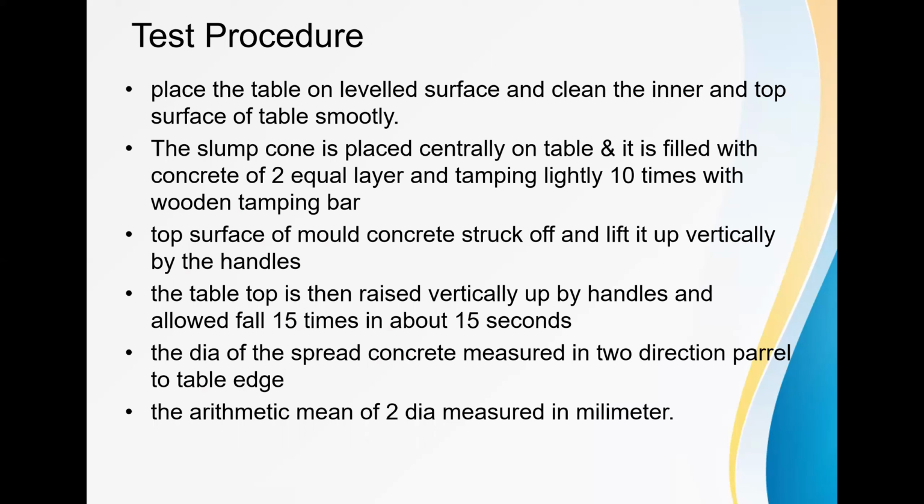The slump cone has to be placed centrally on the table and filled with concrete in 2 equal layers, tamping lightly about 10 times with a wooden tamping bar. The top surface of the molded concrete has to be struck off and the cone lifted up vertically by the handle. The tabletop is then raised vertically by the handles and allowed to fall 15 times in about 15 seconds.